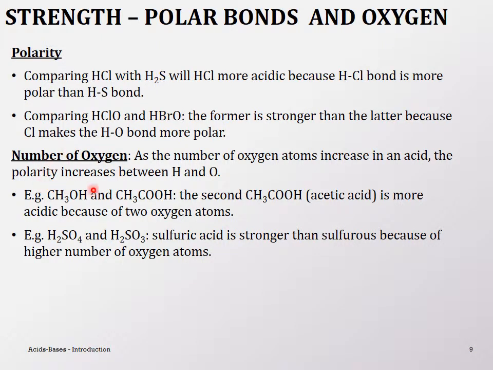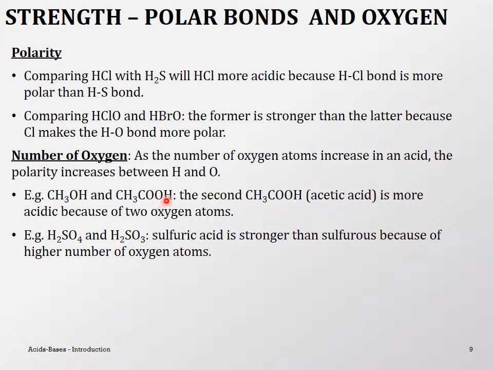The number of oxygens. Now remember, this also has to do with polarity because oxygen is highly electronegative. If you have more oxygen in there, that's going to lead to more polarity of the bonds. If there's more polarity, then hydrogen is more ionized. So for example, if you're comparing CH3OH, which is methanol, with acetic acid, the acetic acid is going to be more acidic because you have two oxygen atoms, and because of the two oxygen atoms there is more polarity.